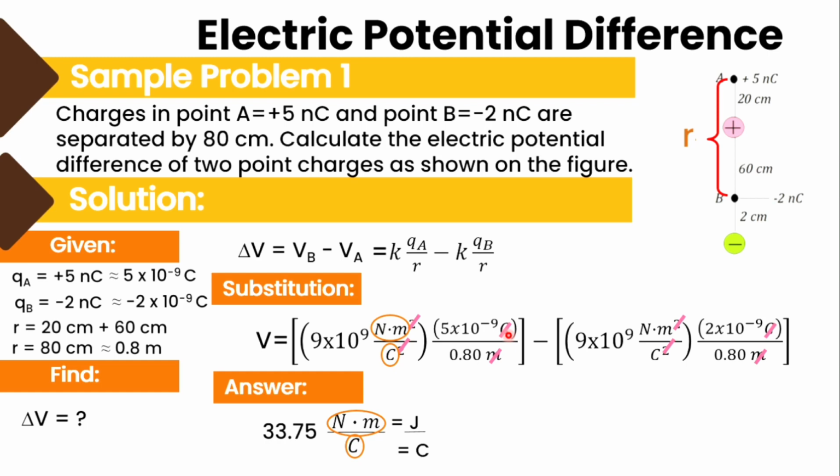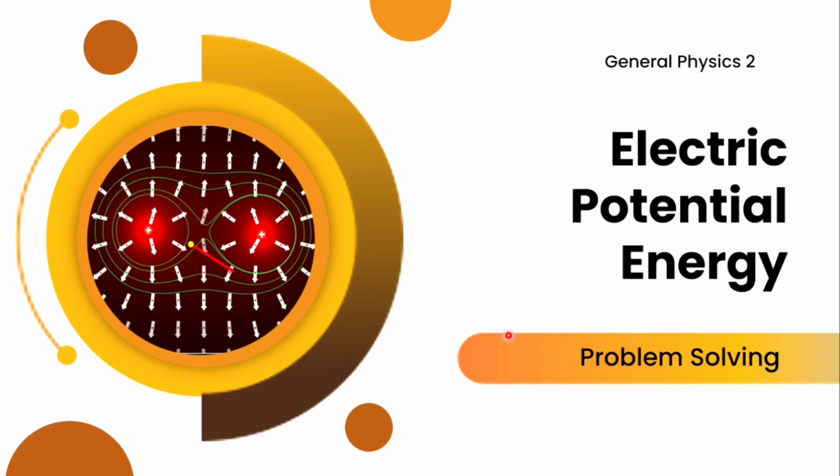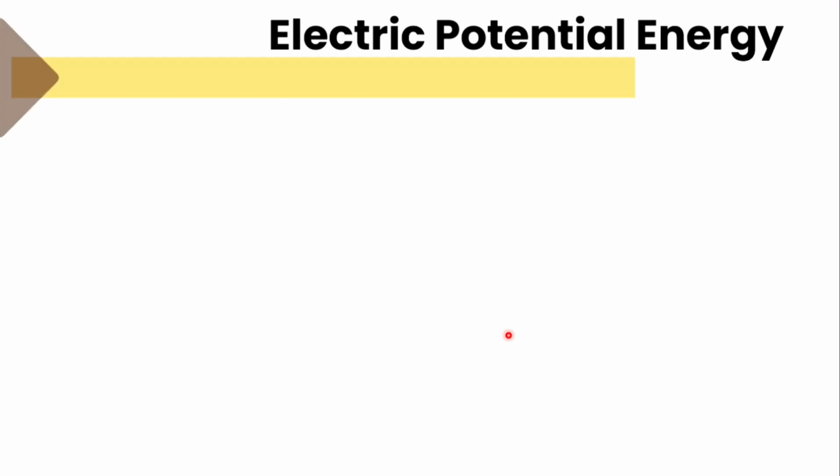So 1 joule over 1 coulomb is equal to 1 volt. Therefore, the electric potential difference of the 2-point charges is equal to 33.75 volts.